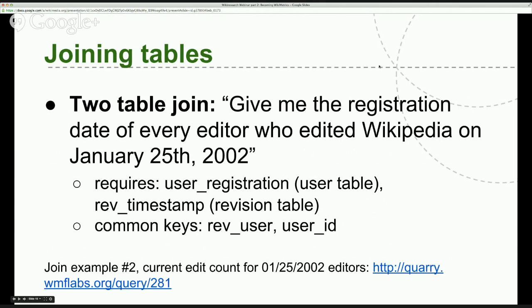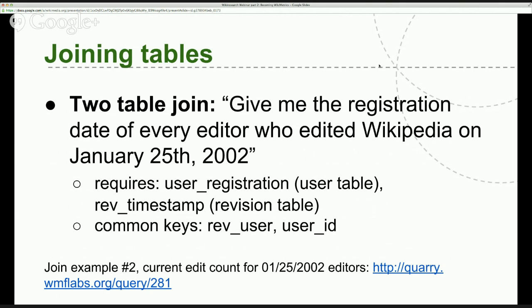So I just talked about joining tables. If I wanted to find out the registration date of every editor who edited Wikipedia on the 25th of January in 2002, I would need to pull data from two tables, the user table and the revision table.